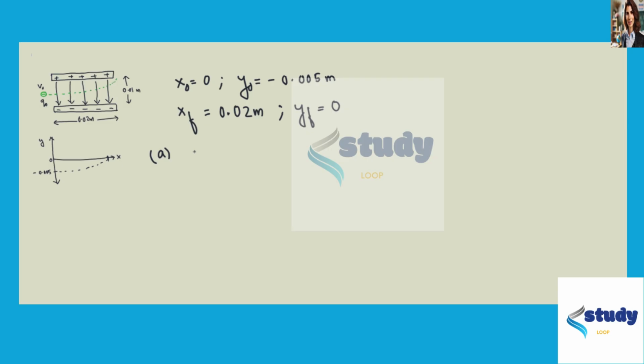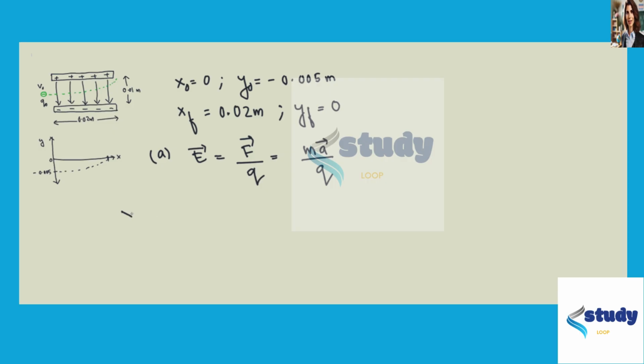So basically we know that electric field is equal to force over charge, and force by Newton's law is mass times acceleration, over charge. And once we know the acceleration we can calculate the electric field. So let's use kinematic equations to find the acceleration.